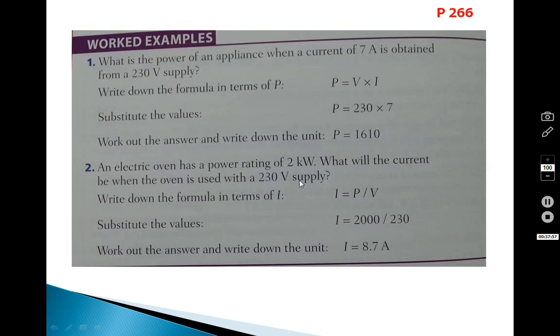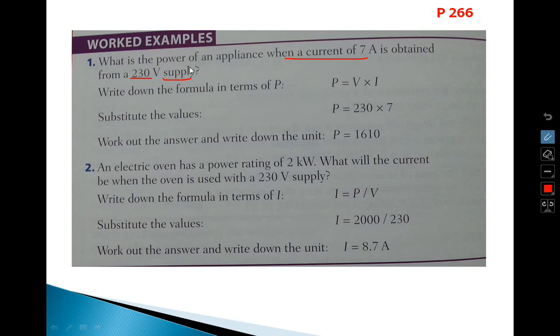It's another worked example on page 266. So what do we have here? What's the power of a bulb when a current of 7 ampere is obtained from a 230 volt supply?